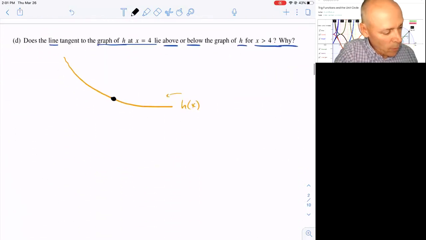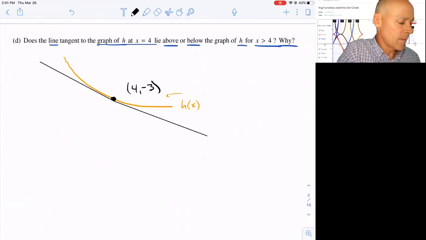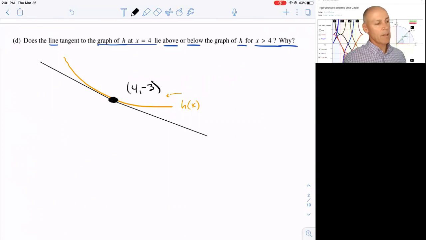I'm just going to sketch my tangent line. Pretend that's tangent. I can fix that by just making the point bigger. There we go. So that's the tangent line. Looking at it, it looks to me like my tangent line lies below the graph of h for x greater than 4.